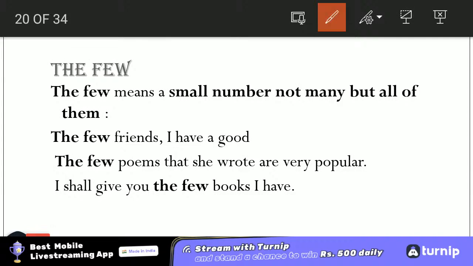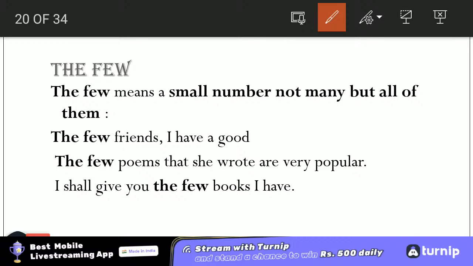The next determiner which we will be talking about is the few. अब the few कहाँ पे use होता है? The few means a small number, not many, but all of them. जैसे मैंने अभी समझाया था, few use हुआ negative के लिए, a few use हुआ positive के लिए.